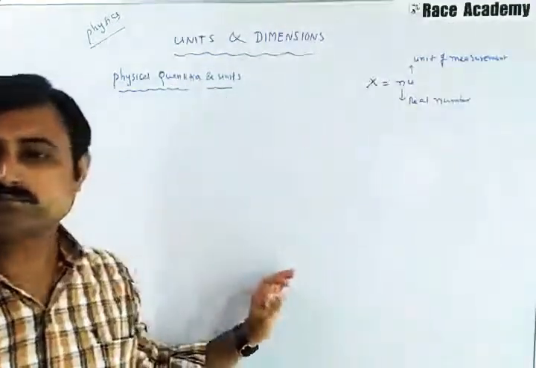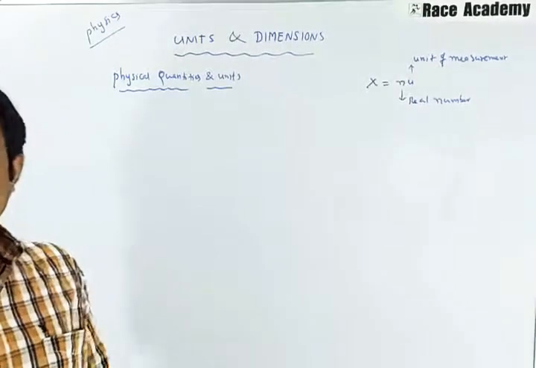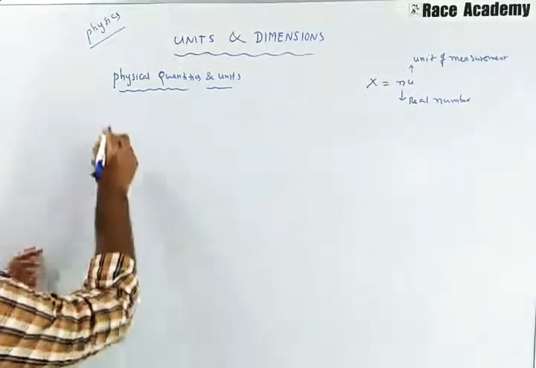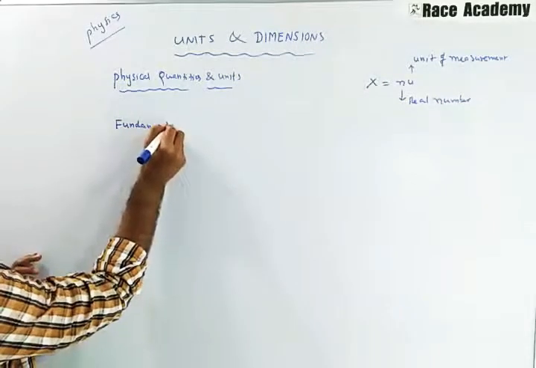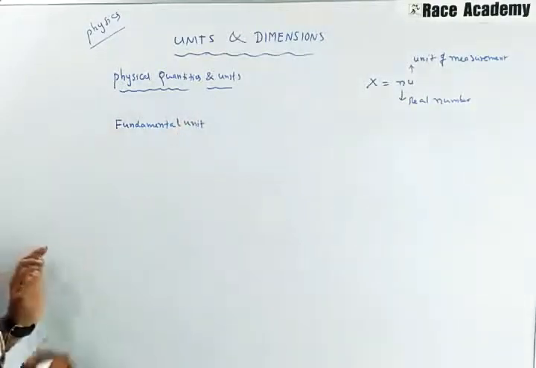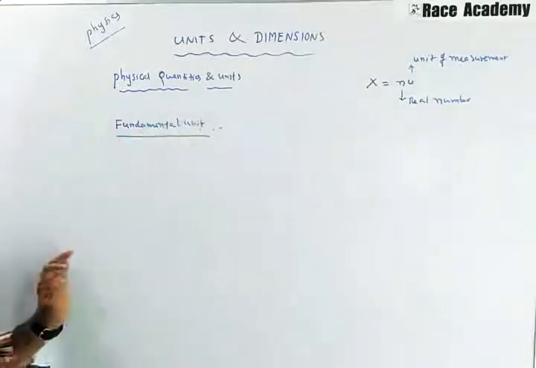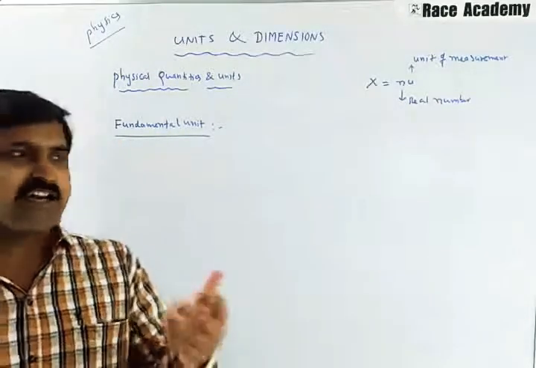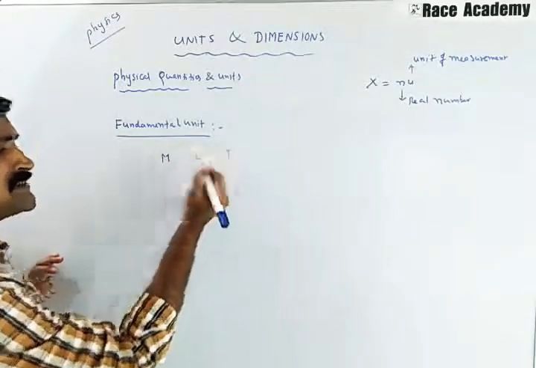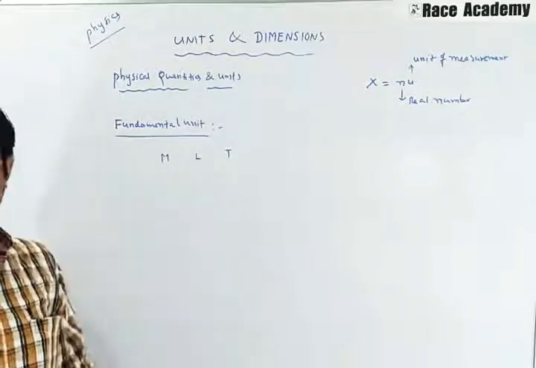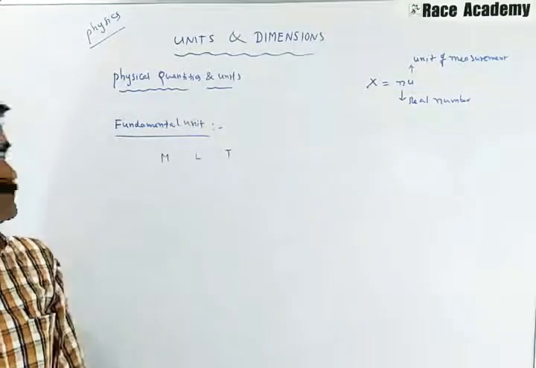Okay, coming to the point: fundamental and derived units. What exactly is a fundamental unit? First we'll see what a fundamental unit is. The physical quantities mass, length, time, we call these fundamental physical quantities.